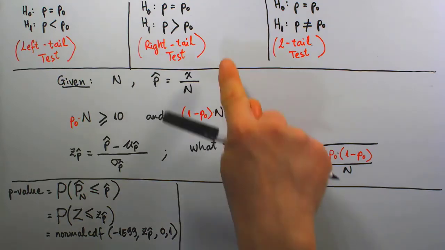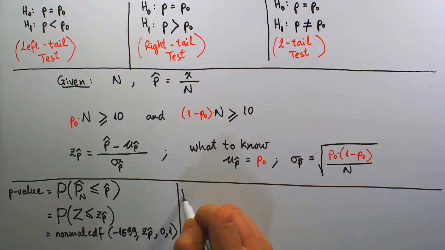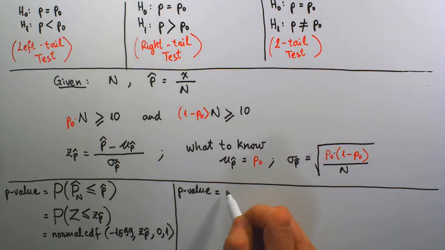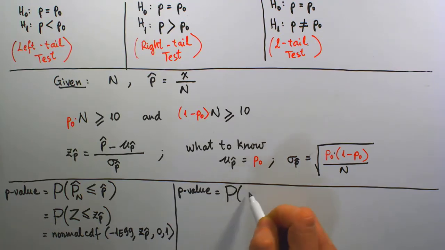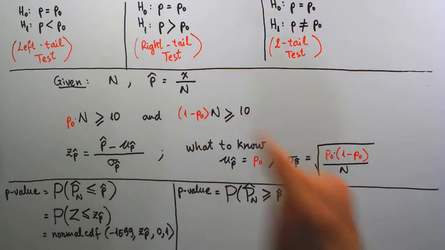Now when our test is a right tail test, we will also need to calculate the p-value for our sample. But the p-value will be set up as follows. The p-value for a right tail test is calculated as the probability where we find a sample proportion at size n being greater than or equal to the specific sample proportion that we have in our sample.